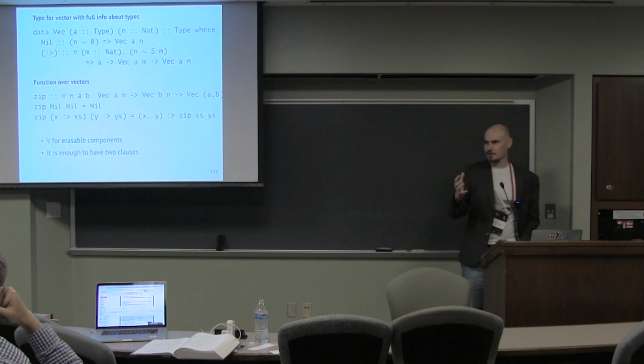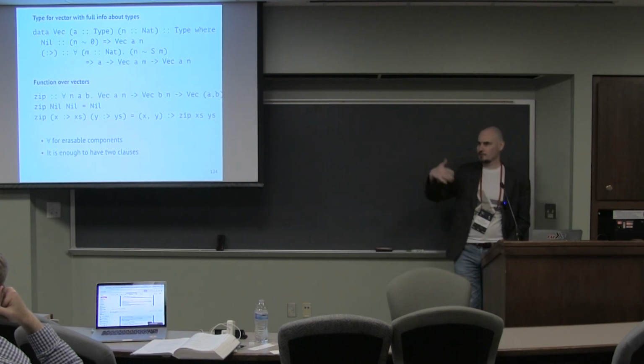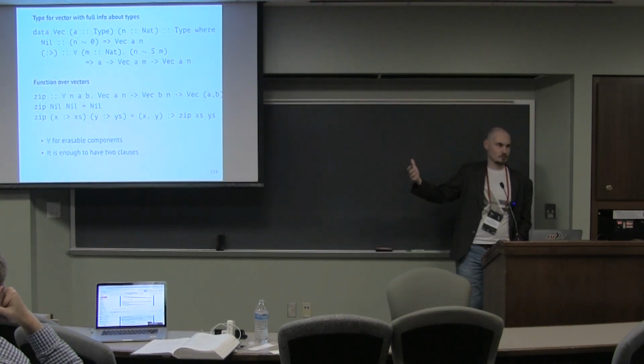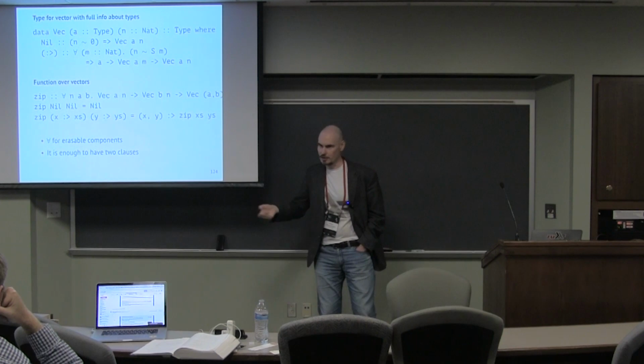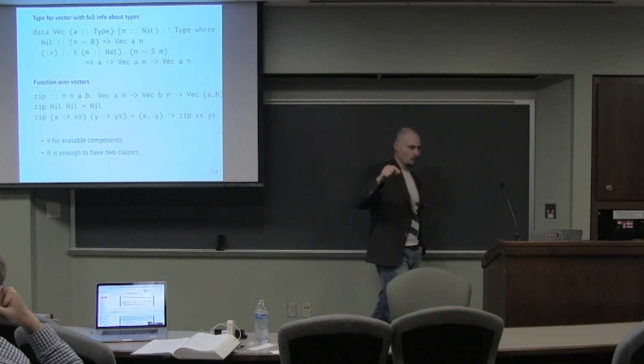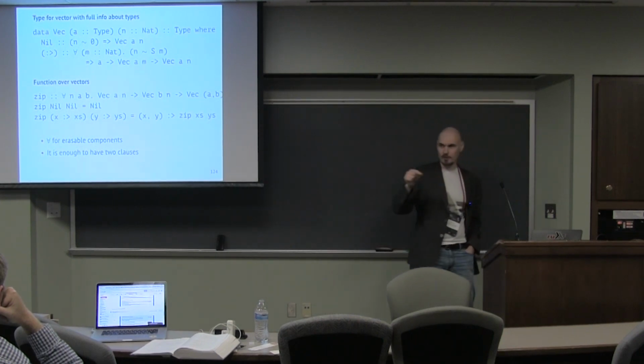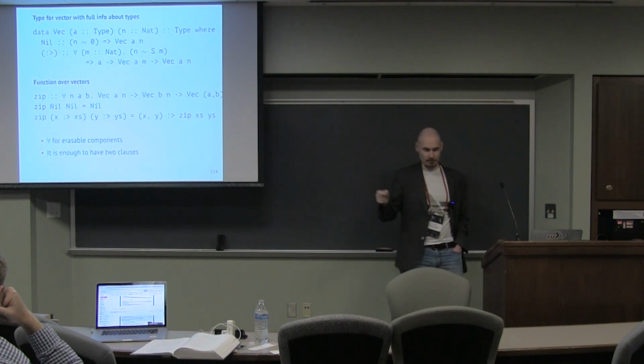Erasable means something that you can erase before evaluation. The size of the vector can be erased. It's part of a type, and if the type checks, then you already know that everything will be right with the size of your vector. So you can freely erase it. You don't have to keep this size of the vector during your computation. That's why we use forall for this component. It's a term component of a type, but we can erase it.